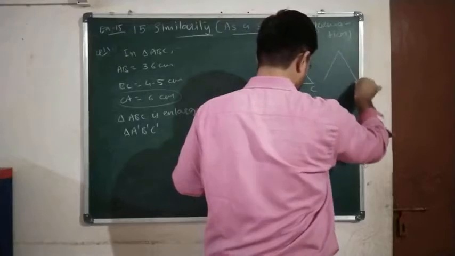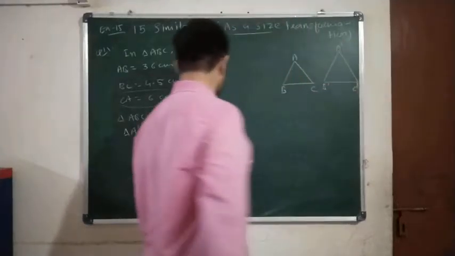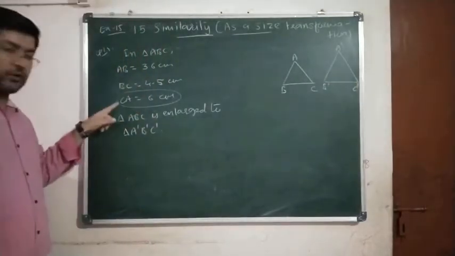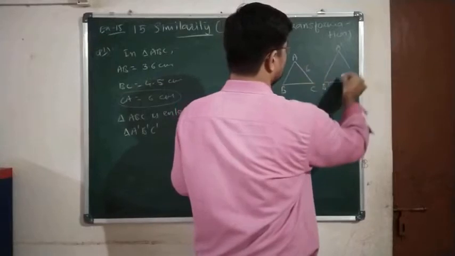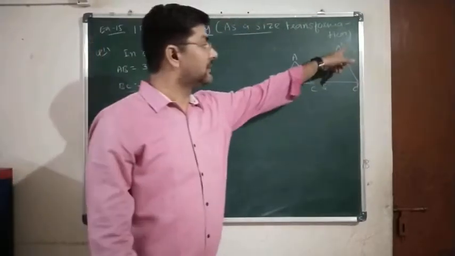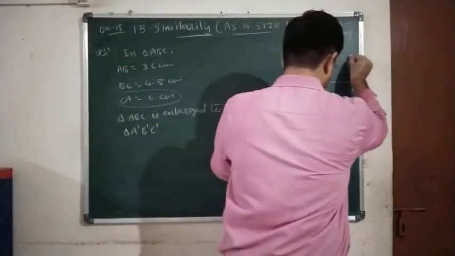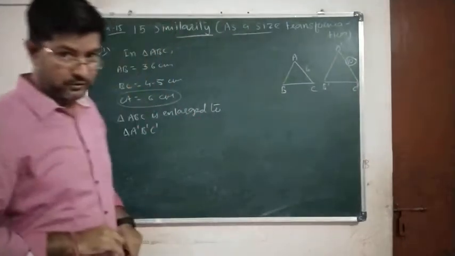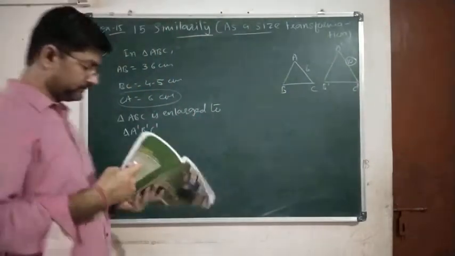And now we have enlarged this figure to A'B'C'. In the original or the object figure, the largest side is AC, 6. So obviously corresponding to AC, we have the side A'C', yes or no? Now this A'C' is given to be 10 centimeter in the question, yes or no? Read that line once again.